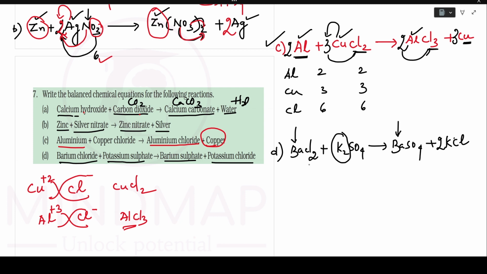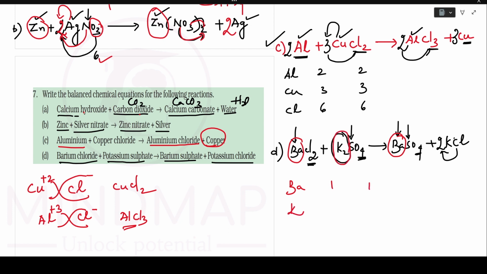So potassium also 2 and 2. Let's check chlorine. Chlorine 2 here, here also just now we wrote 2. Then sulfur here is 1, here also 1. Oxygen is 4, oxygen is 4. Let's recheck the whole equation. Barium is 1 and 1, balanced. Next is potassium.